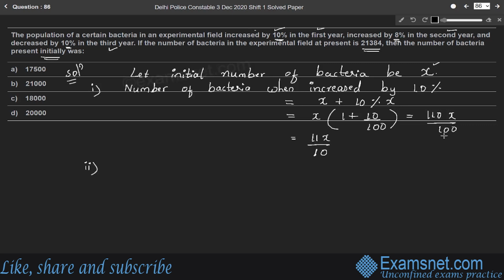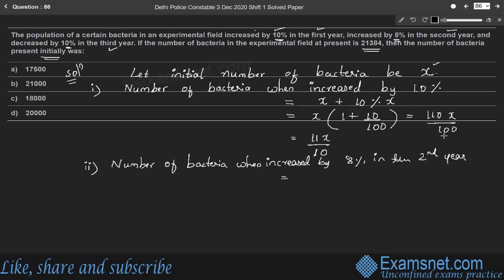So in the second year, it was increased by 8%, right? Therefore, number of bacteria when increased by 8% in the second year.